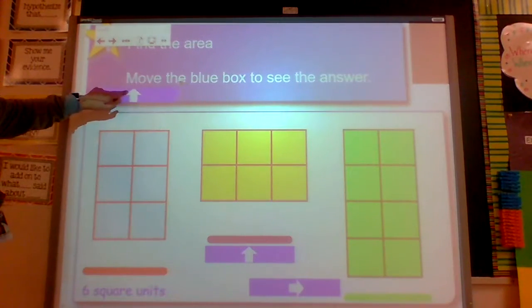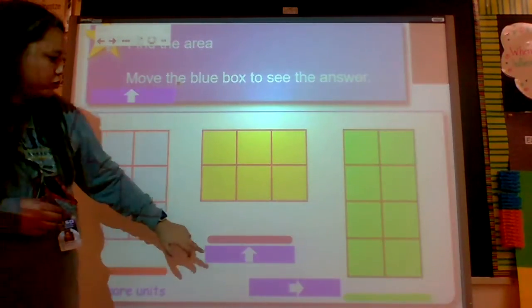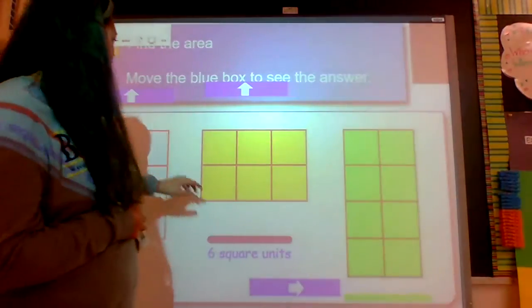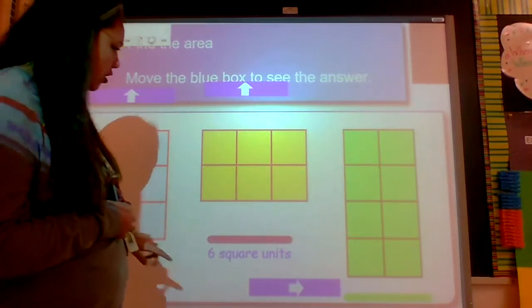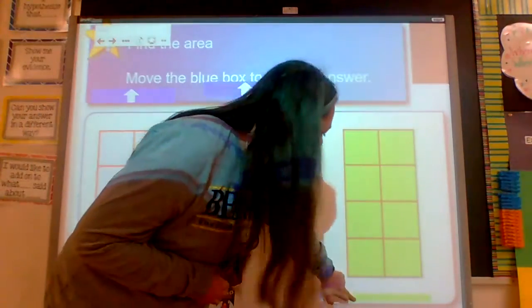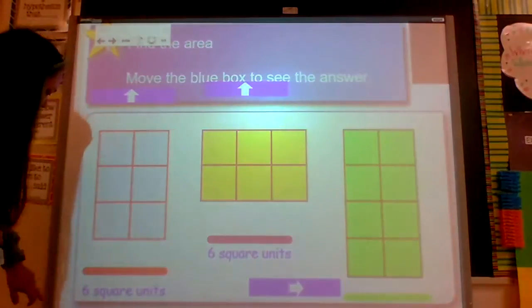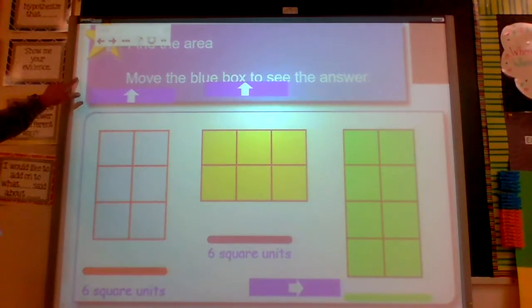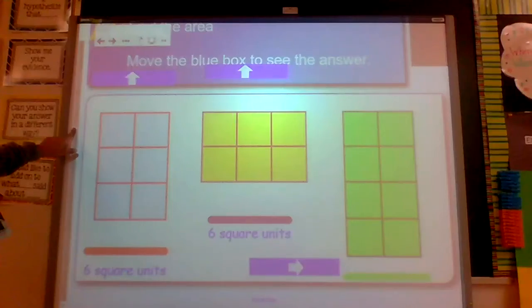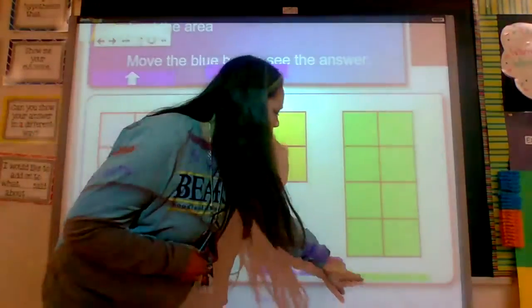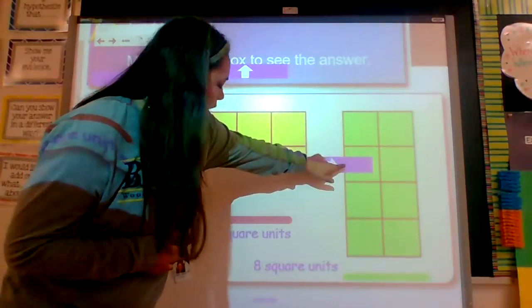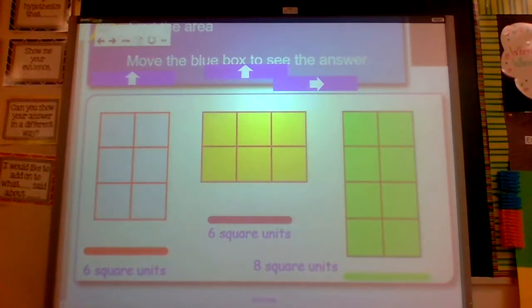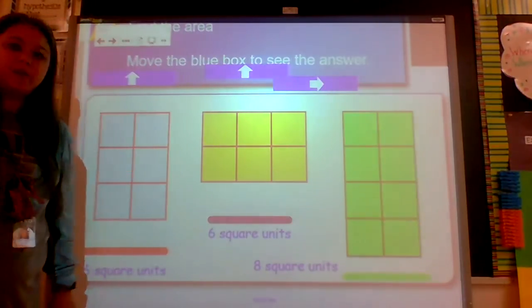So hopefully you got 6 square units on the first one, 6 square units on this one. And over here is 8 square units.